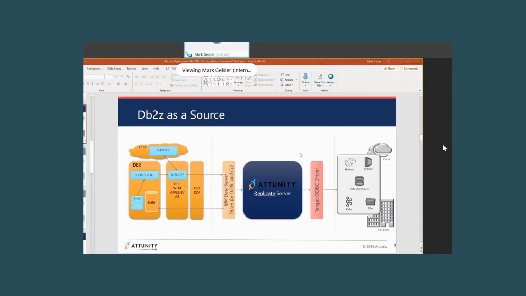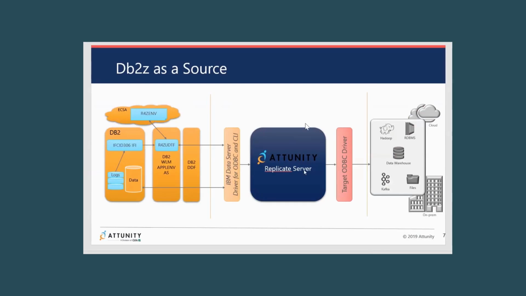All right, so just to drill down, maybe from 10,000 feet to a little bit closer to what's going on in the mainframe as it relates to getting access to DB2 z data. Here's the Replicate server that Graham was showing through the Replicate UI. We do use the DB2 data server driver in order to access DB2.